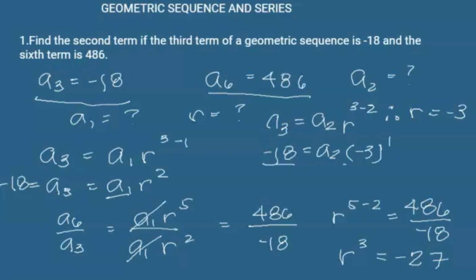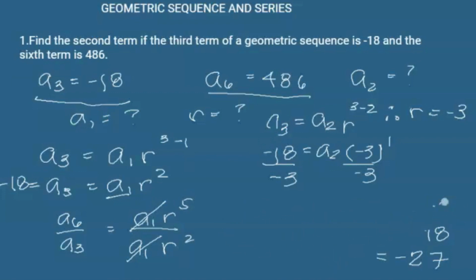So divide both sides by -3. This one is cancelled out, and -18 over -3 is positive 6. And that is our a sub 2.